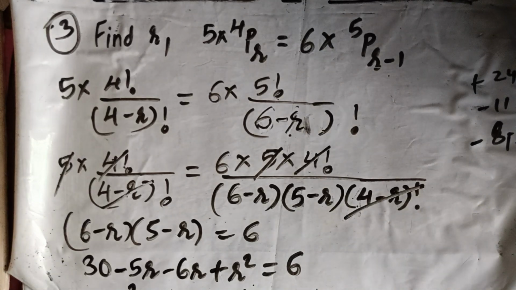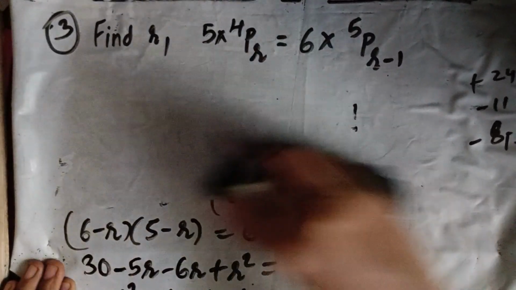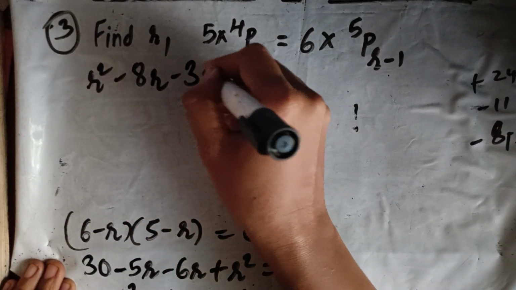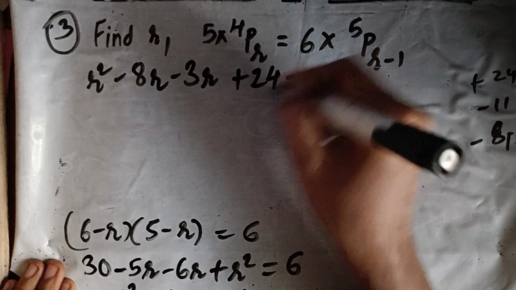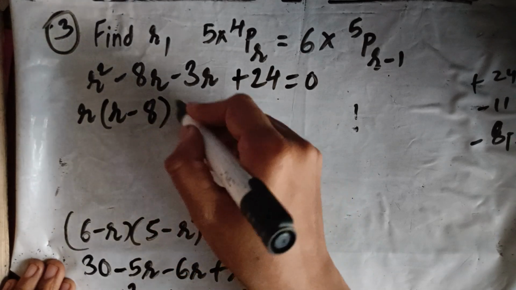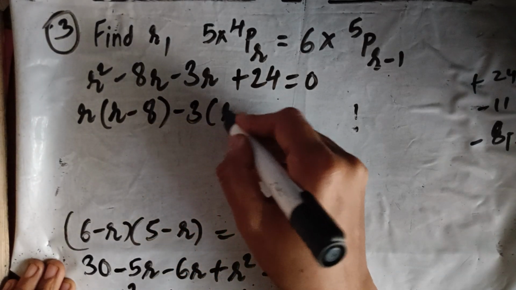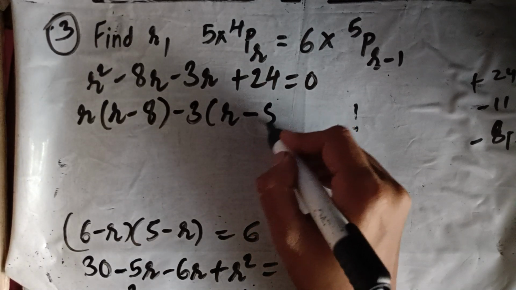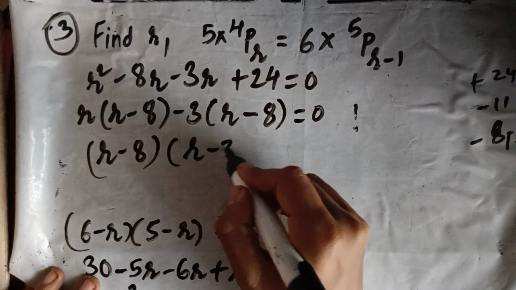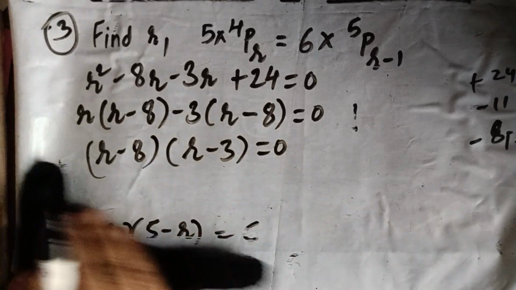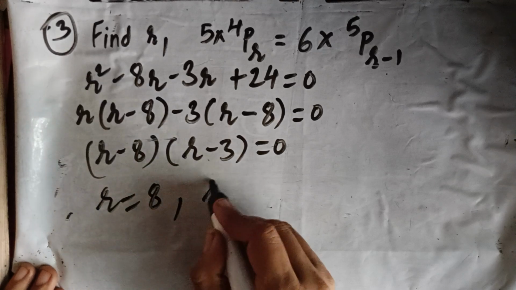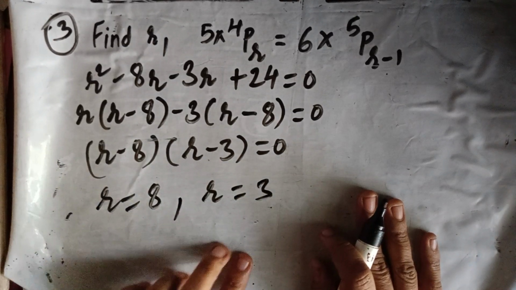So r minus 8, r minus 3. So r is equal to 8 and r is equal to 3. So two values are there.